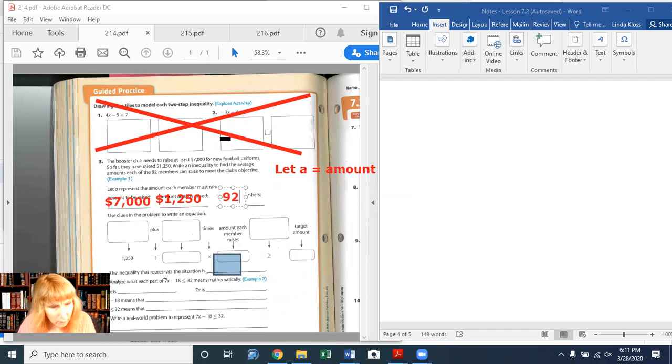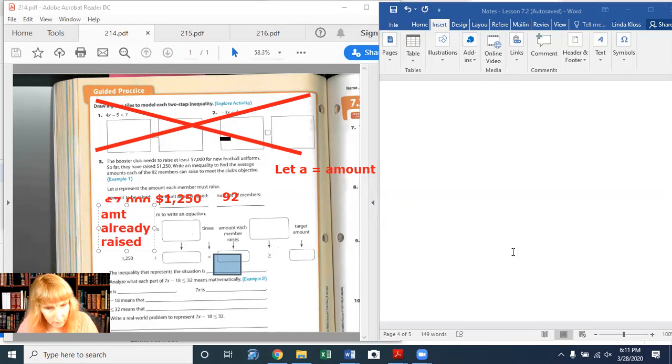All right, use clues from the problem to write an equation. So this box is the amount already raised. Amount already raised. I don't know if that's going to fit in our box, but we're going to try to get it there.